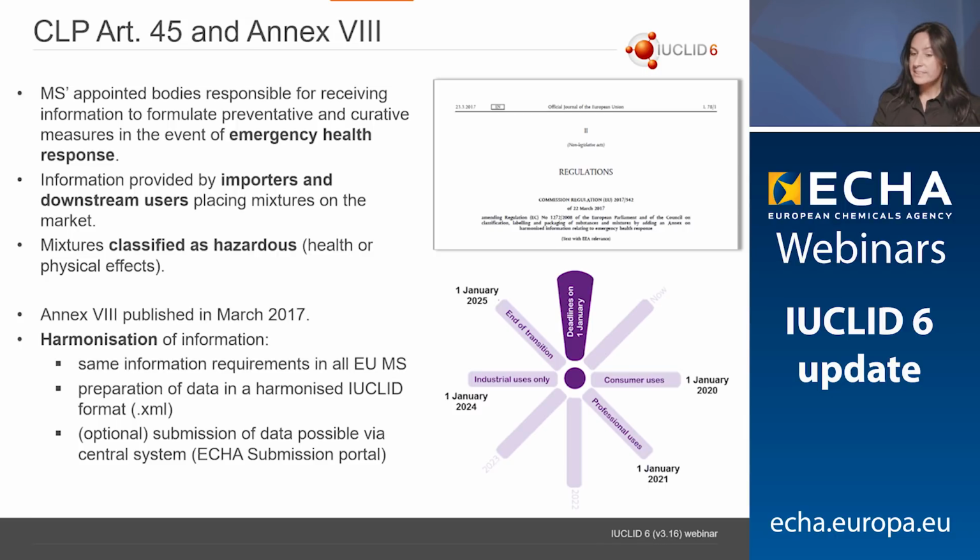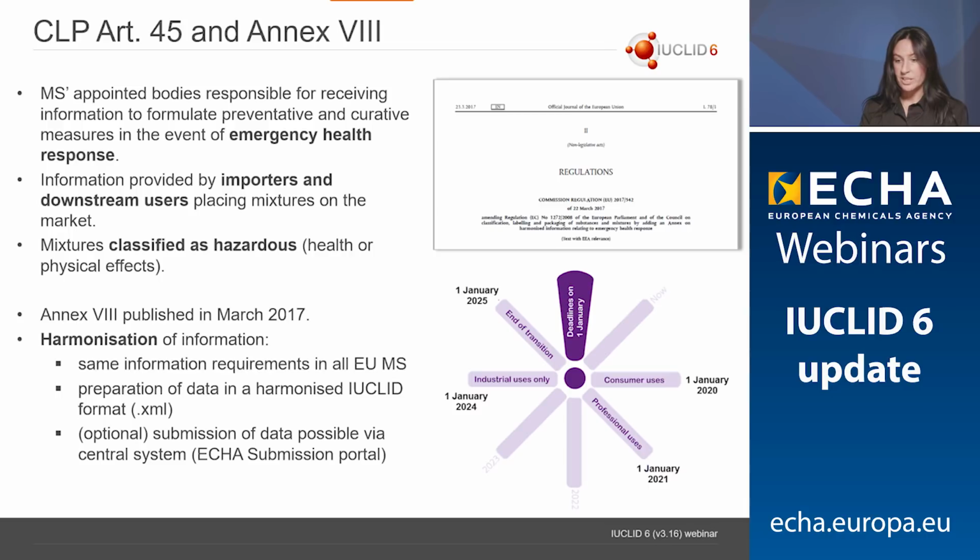Now, the deadline to provide the information in the new harmonized format applies in a stepwise manner according to the use type of the mixture. It means that importers and downstream users, if they have not already notified at national level, have to start notifying for mixtures that are for consumer use from 1st January 2020.